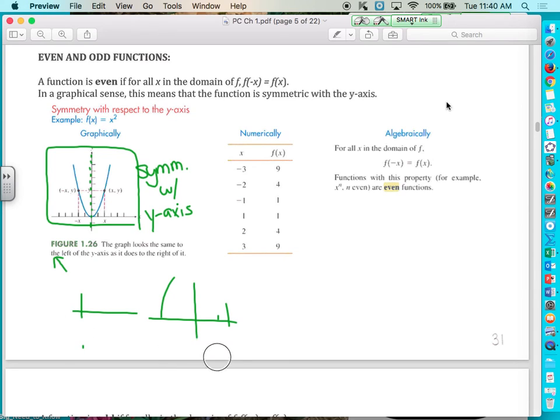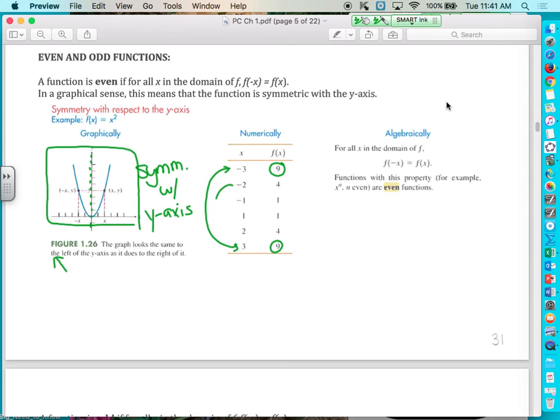Numerically is a little harder to see. Numerically, you're looking at your x values. Positive and negative of the same x value give you the same y value. Positive 2 and negative 2 give you the same y value. Positive and negative 1 give you the same y value.